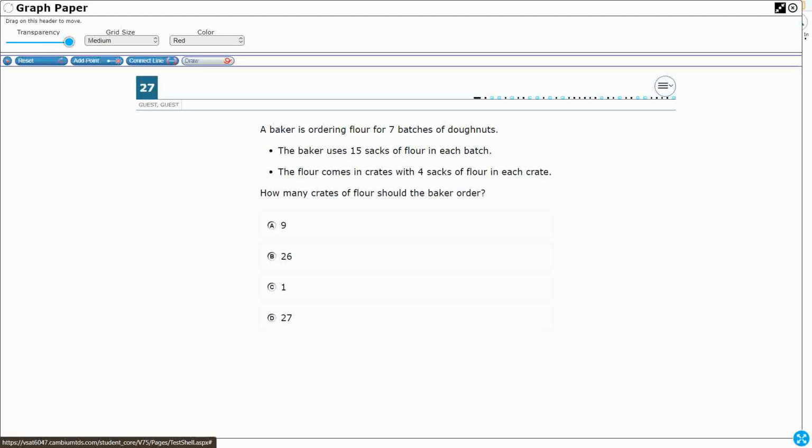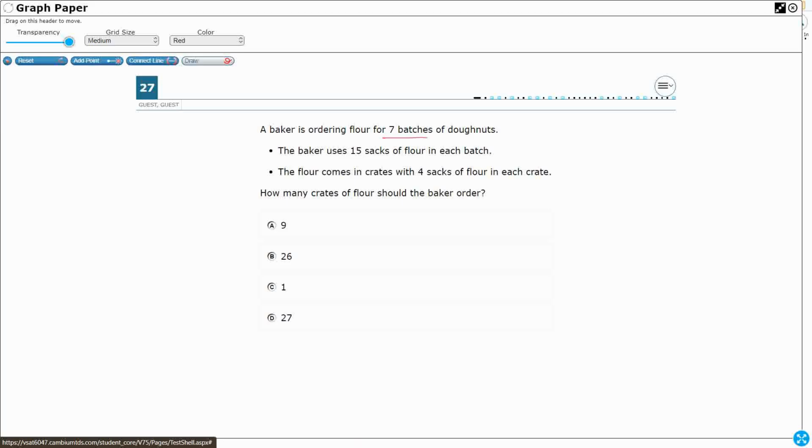All right, so ordering flour for 7 batches. Okay, so 15 sacks of flour in each batch. So I'm just going to draw my batches here, and I'm just going to say, all right, 1, 2, 3, 4, 5, 6. Okay, I've got 7 batches.